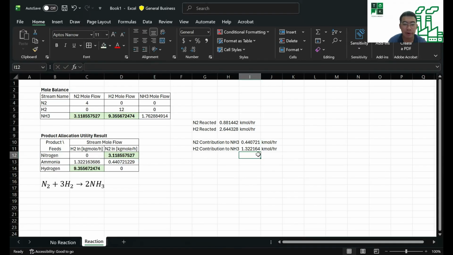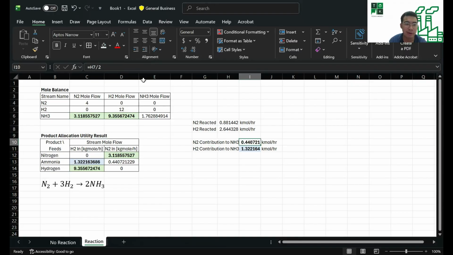Now you could see that our calculation result is aligned with what UniSim calculates. Here, the contribution of H2 feed to the production of ammonia is 1.32, which is the same as we calculate here. And also the contribution of the N2 feed stream to the NH3 production is 0.44.